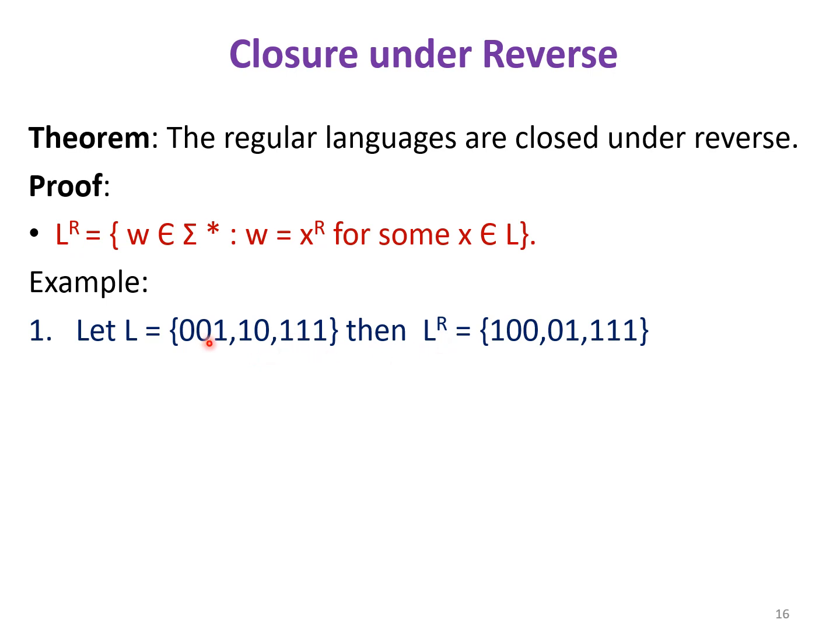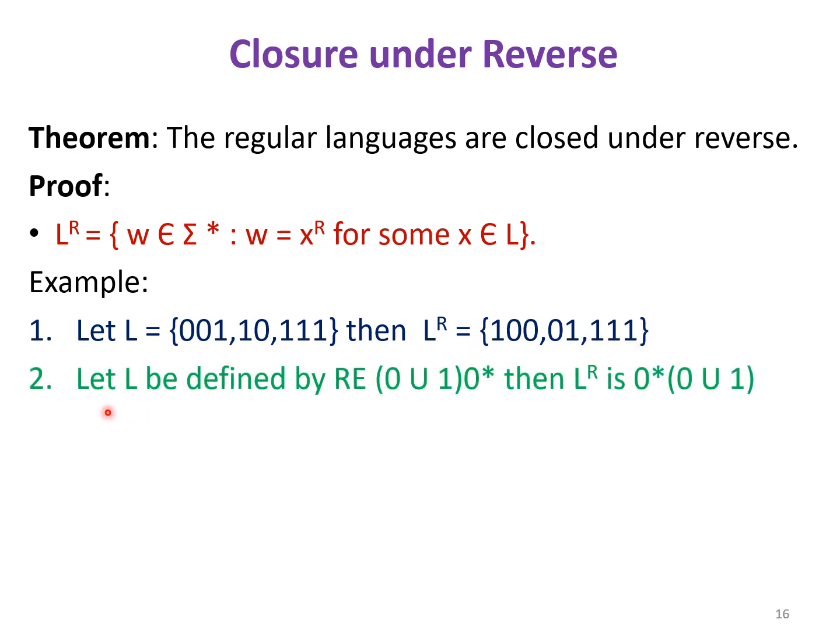Then L raised to R is {0, 100, 1011, 111}. Second, let L be defined by a regular expression (0 or 1) followed by 0 star. Then L raised to R is equal to 0 star followed by (0 or 1).